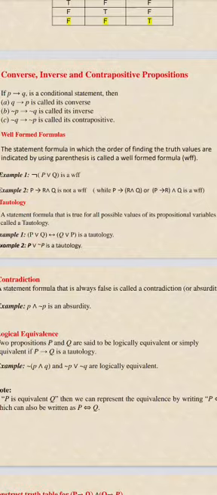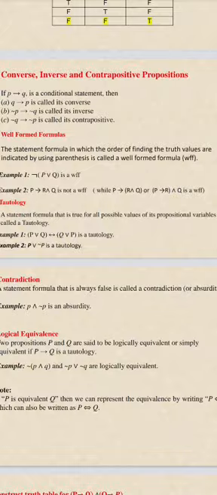Well-formed formulas. A statement formula in which the order of finding the truth values is indicated by using parentheses is called a well-formed formula.